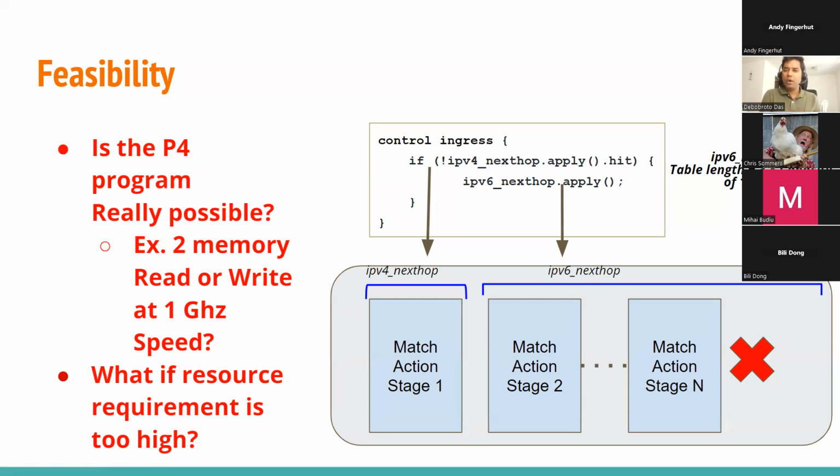You don't even know whether your P4 program will be feasible to run on a real hardware. For example, say this IPv6 table needs, say, 34 stages, but you have only, say, 32 stages, you cannot run that program on the switch. So we need to make sure, if we want to say that our P4 program is feasible, backend, it's not possible.